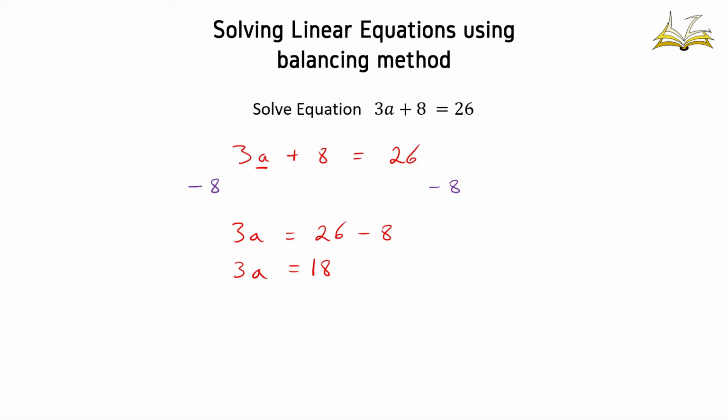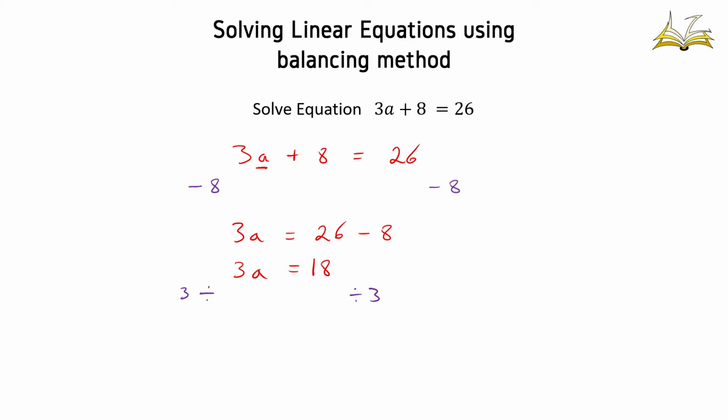We're nearly there. We now have a 3 in front of our a. And what's happening between those two, if you remember, is that they're timesing together. So the opposite of timesing is dividing. So what we'll now look to do is divide both sides of this equation by 3, because we want to get rid of the 3 in front of the a.